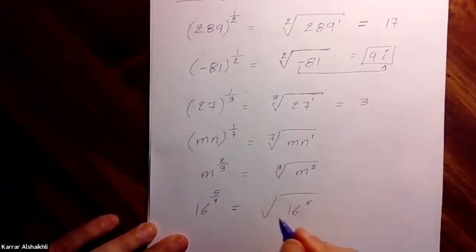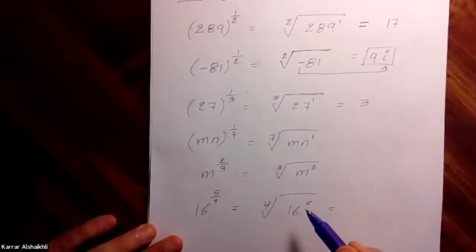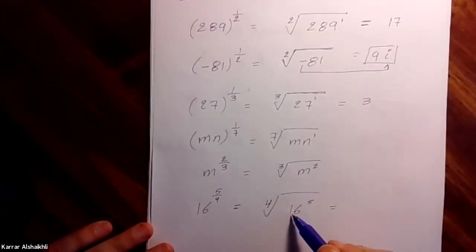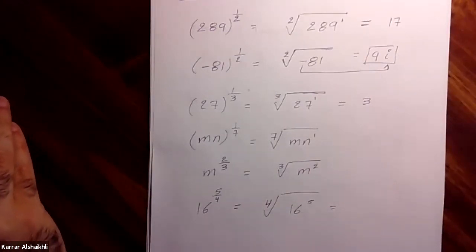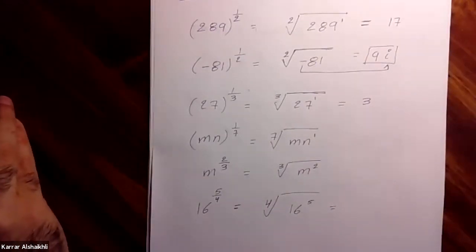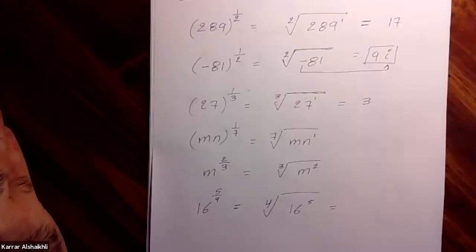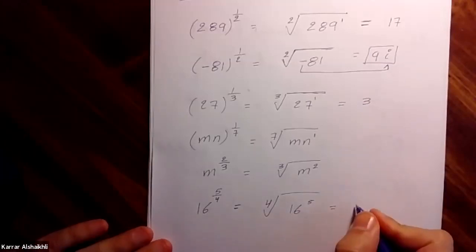Here, 4. Now, how much is the fourth root of 16 to the power 5? Go ahead, use the calculator. 32, perfect.